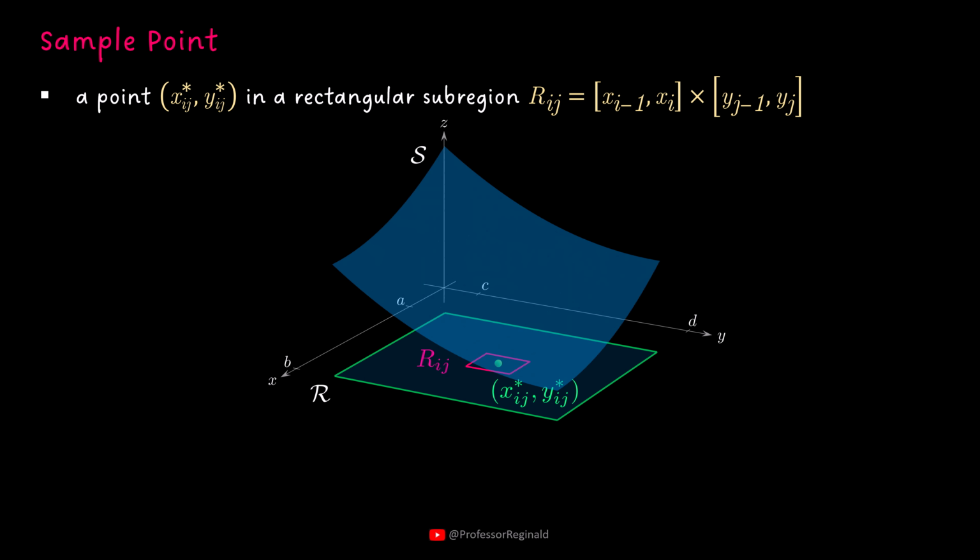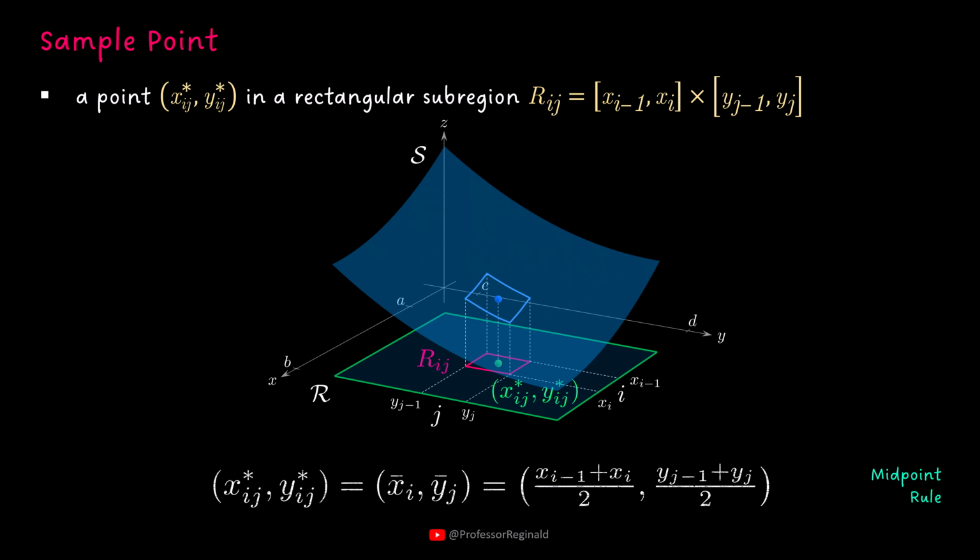The subregion and the corresponding portion of the surface form an element of the solid. For the ith subinterval in the x direction, and the jth subinterval in the y direction, each coordinate of the sample point using the midpoint rule is just the middle number between the corresponding boundaries of a subinterval.